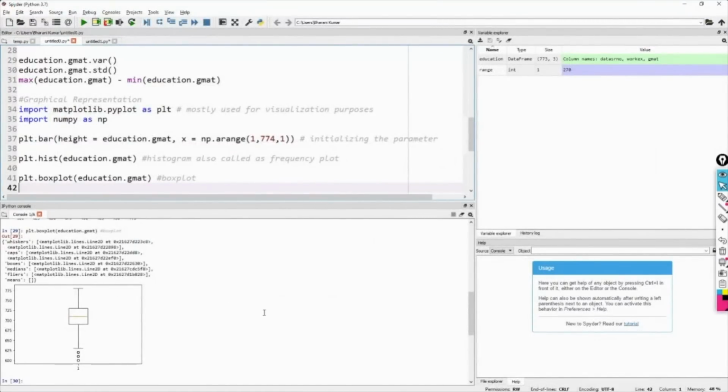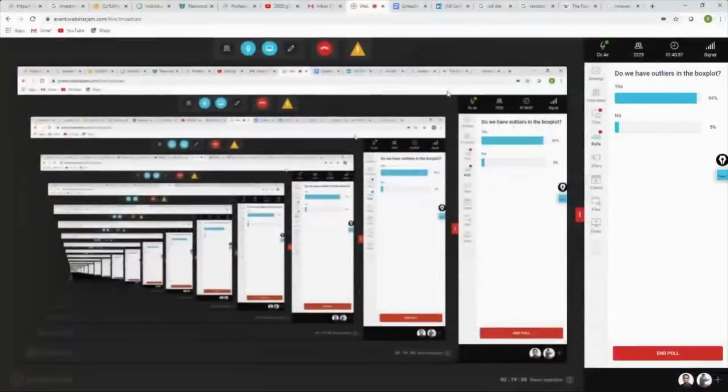By looking at this plot, I want you all to comment on whether we have outliers or not. Do you see that? If yes, then please respond to the poll. If no, also you will have to respond.